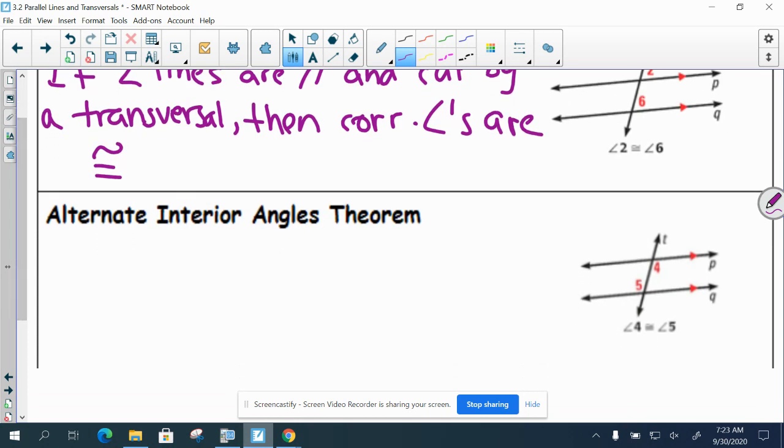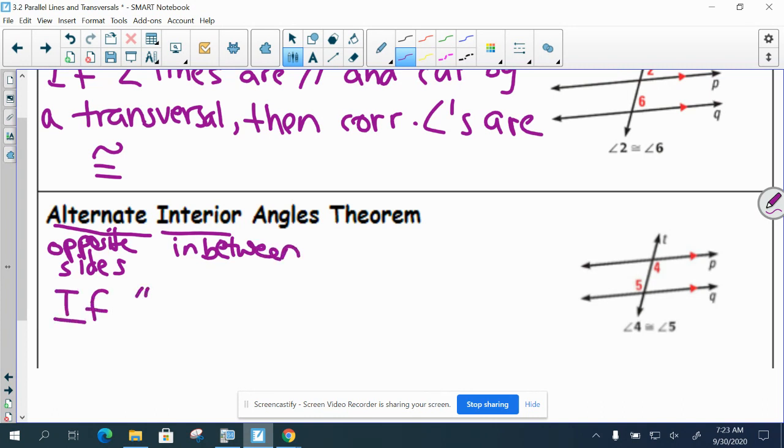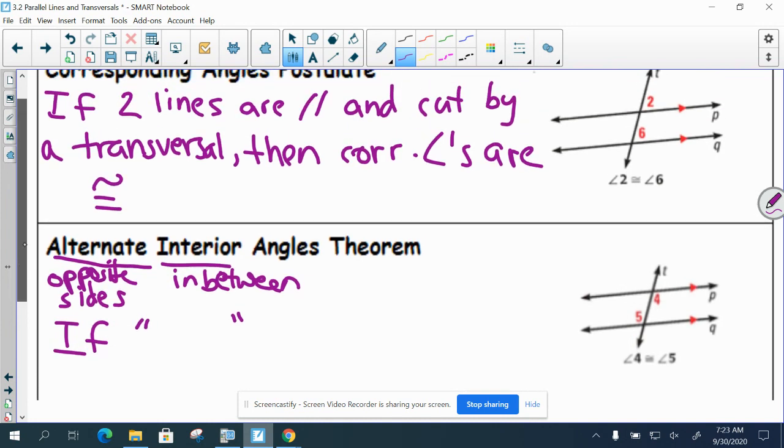Alternate interior. So alternate means they're on the opposite side of the transversal. Interior means they're in between the lines. So this says if, I'm just going to use quotes so that I don't have to write it again, the same thing that we said for the hypothesis above.